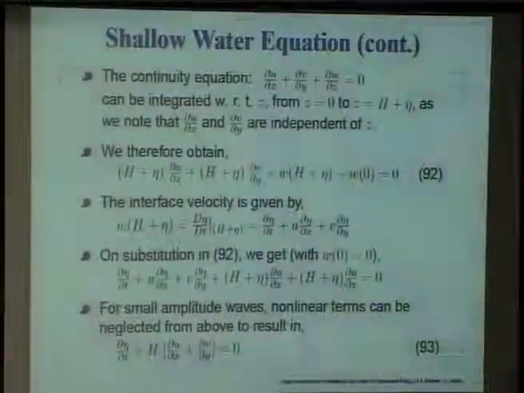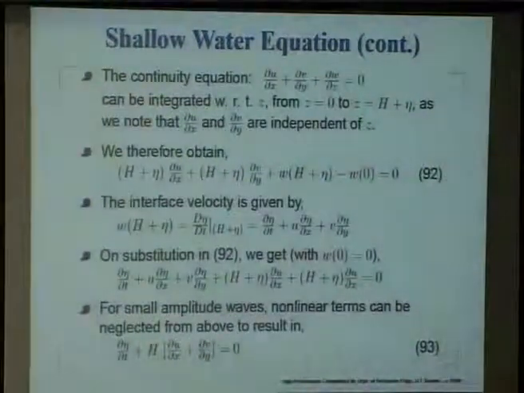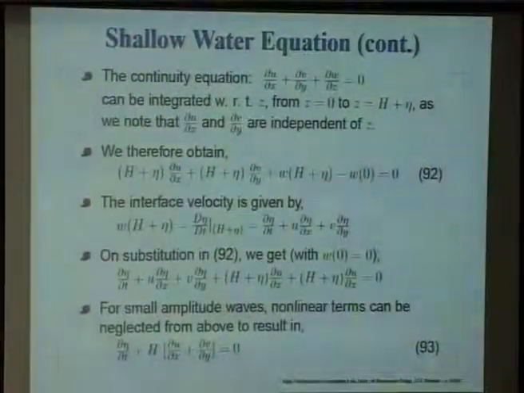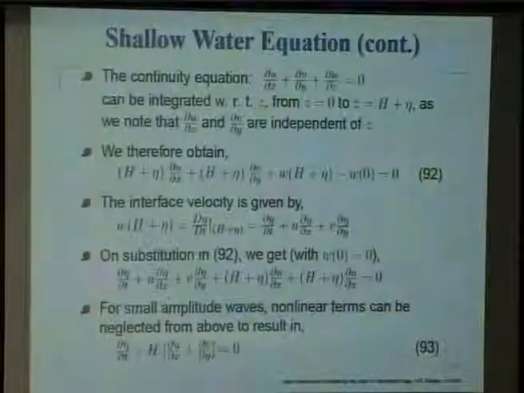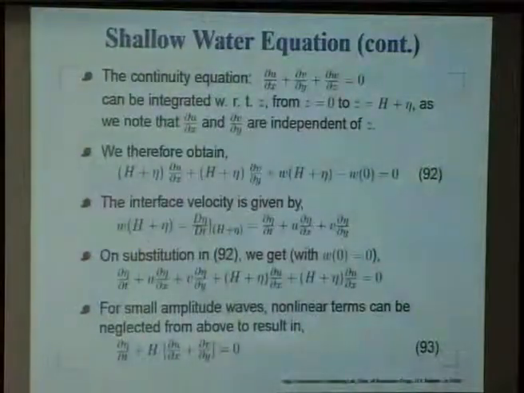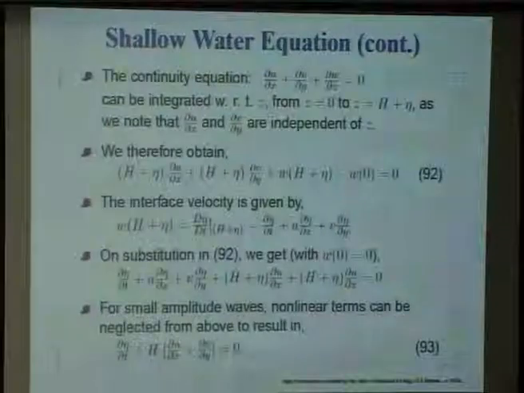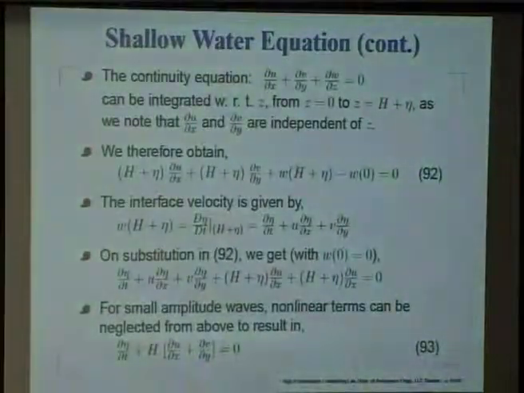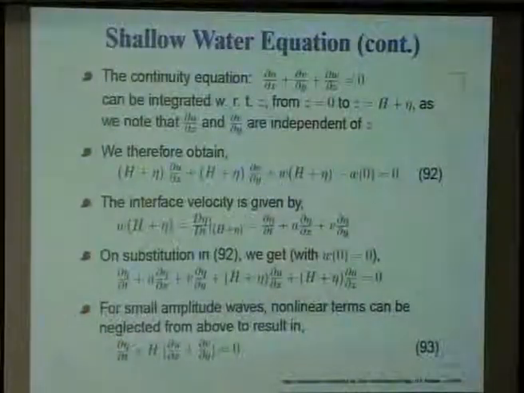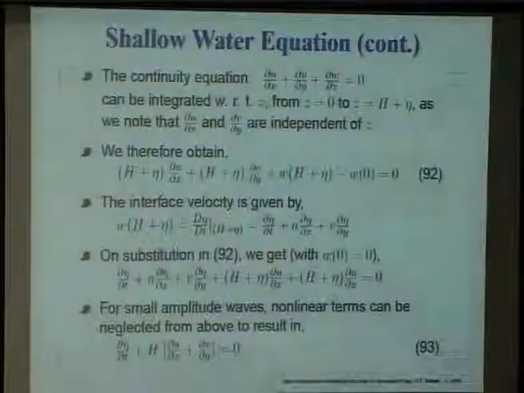Okay. Please note, this is the argument, this is not multiplied by h plus eta, right. So, we have integrated the last term del w del z to give us w at the top minus w at the bottom. So, of course, at the bottom your w is 0.